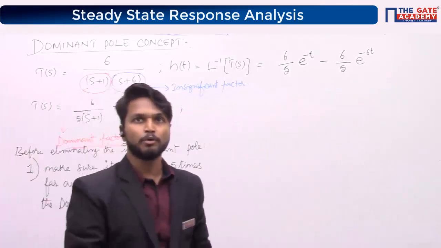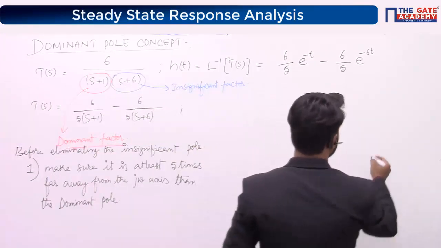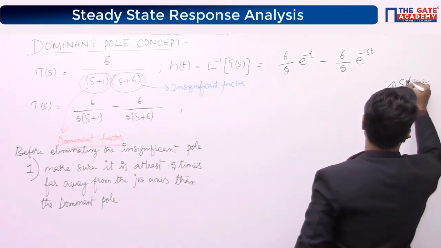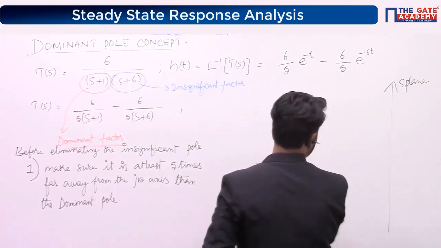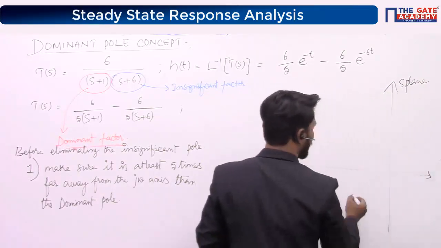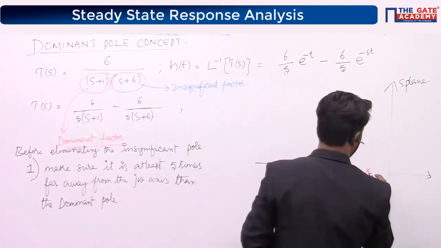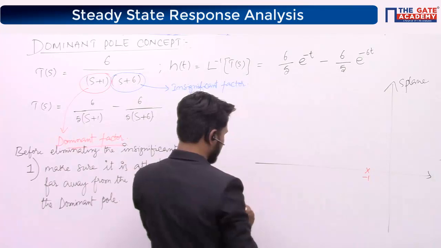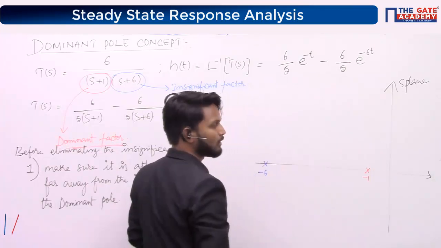So we have two poles in our system, right? So this is our S plane, let us say, and within the S plane, our system has two poles. One pole is at -1, the dominant pole, and another pole is at -6, right?